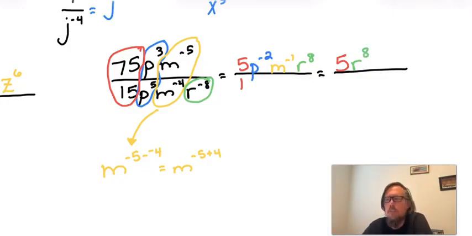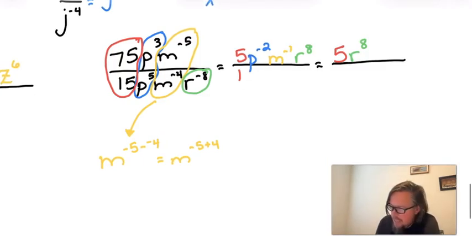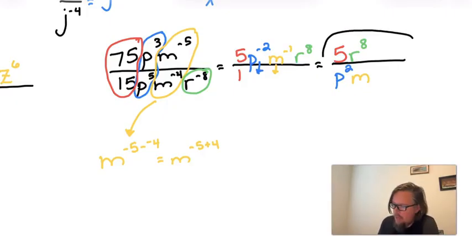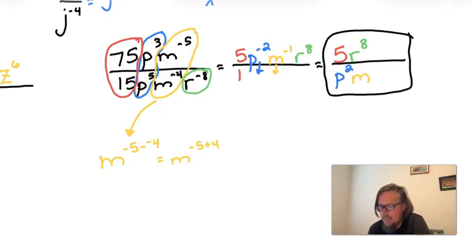You can put it if you want to, but that 1 in the bottom is not necessary. But what is necessary is that the p has to come down into the denominator so that it will be positive. And the m also has to come down to the denominator. I can write m to the first, or I can just write m either way. And this right here is the final answer.